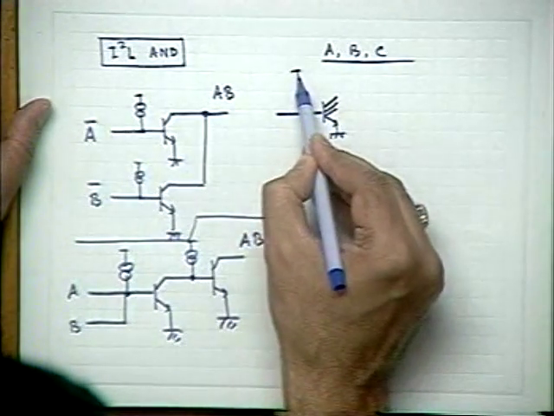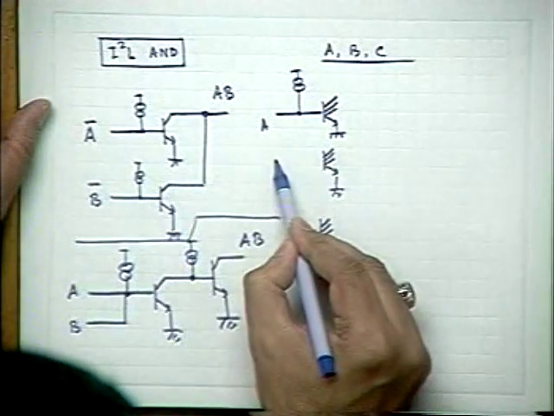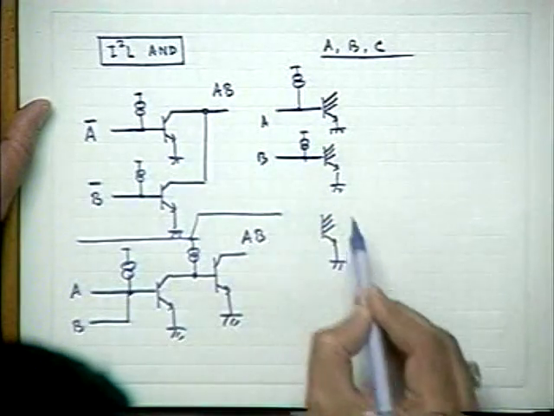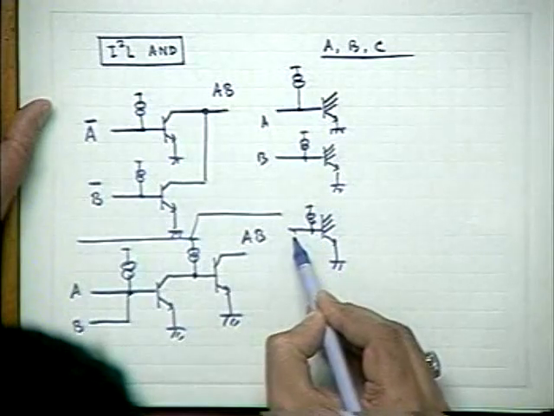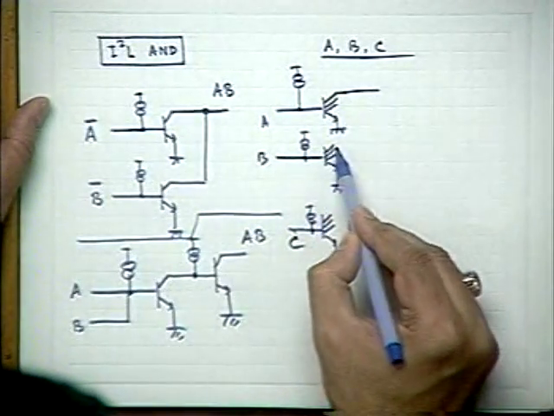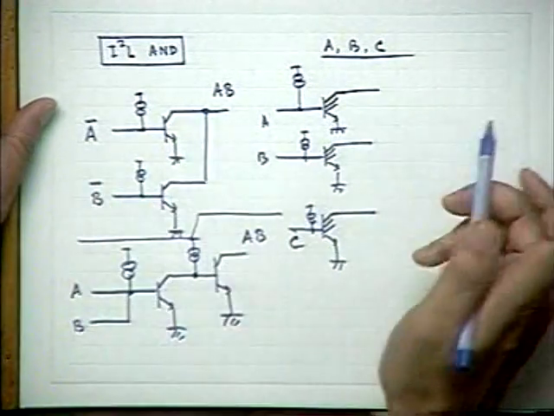Please remember, that is an important thing. And then naturally you are producing the inverse functions, the complements, like this. Then you have to pass it through.